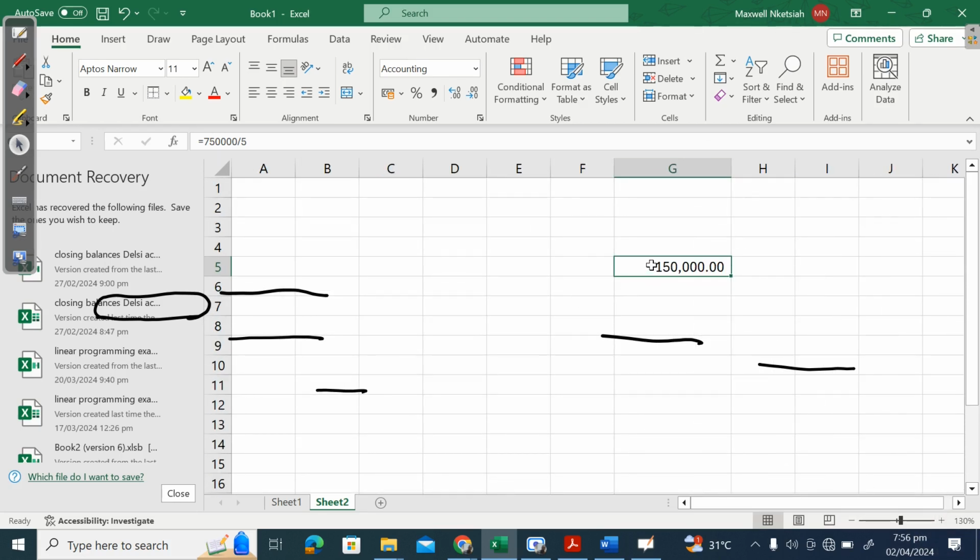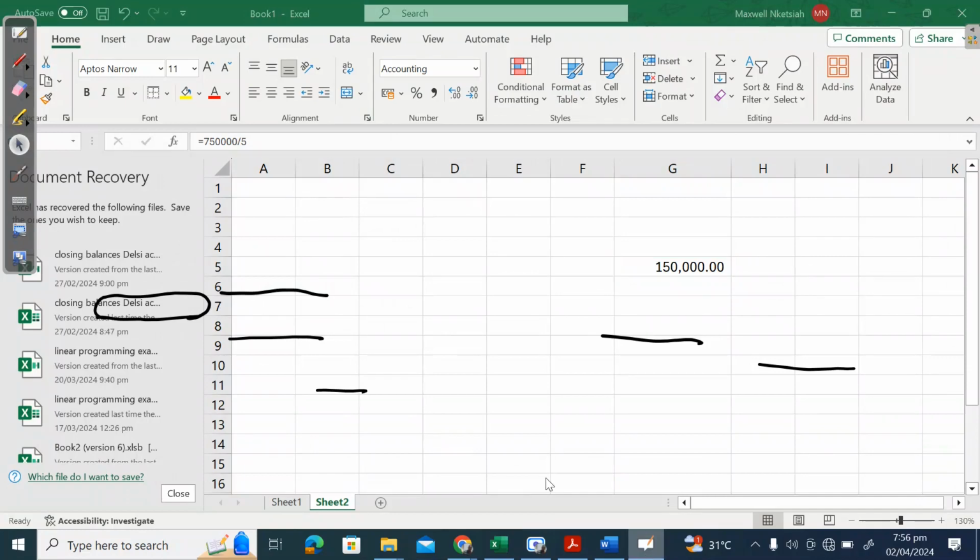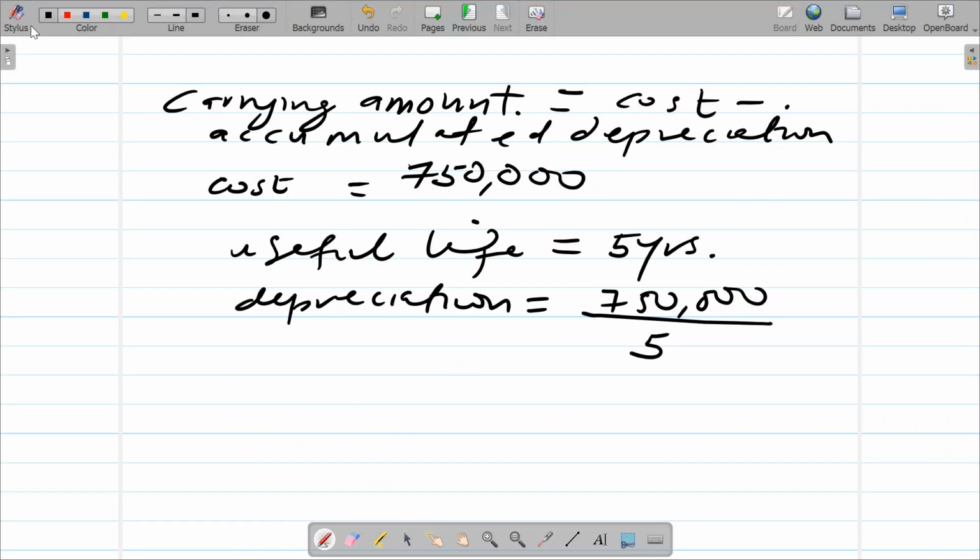So that's the depreciation charge for the year.